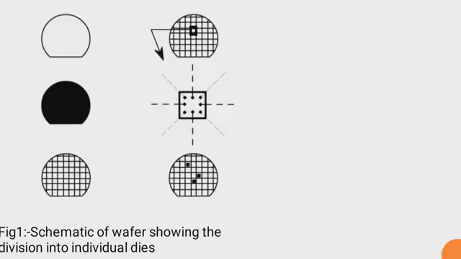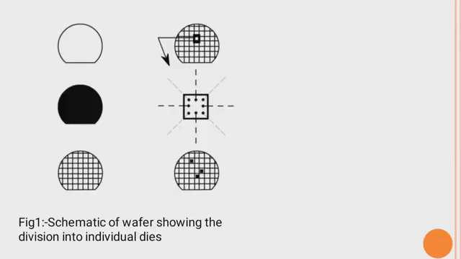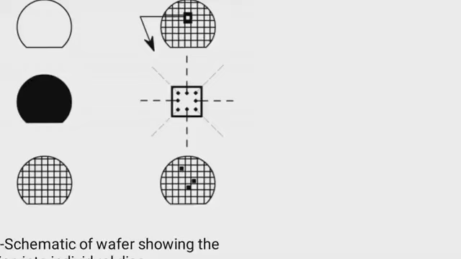Each complete die looks like a rectangle, but if we go to the surface or the edge of the wafer, you can notice that some of the dies are incomplete compared to the complete dies.